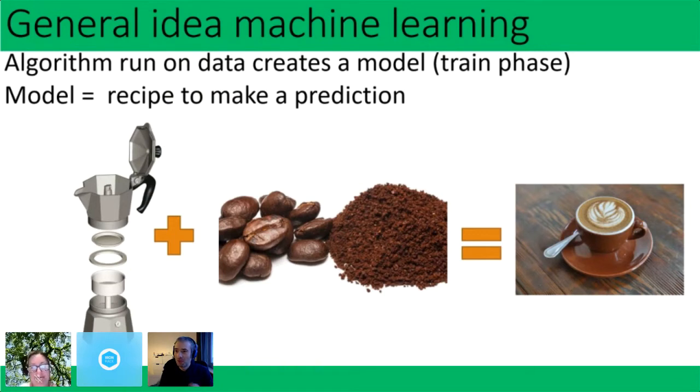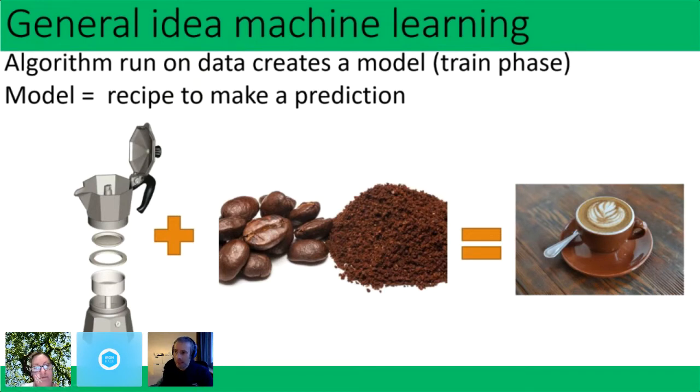Just as you use the machine and ground coffee to make an espresso, you let the algorithm run on part of your data to create the model, and that is called the training phase. The model is, in other words, a recipe to make a prediction, but it is combined of these two ingredients: the algorithm and some of the data.